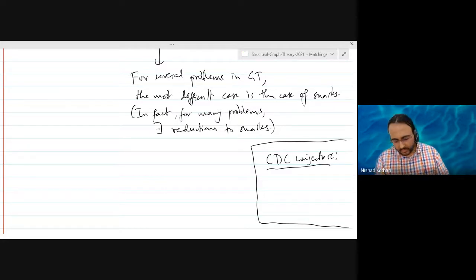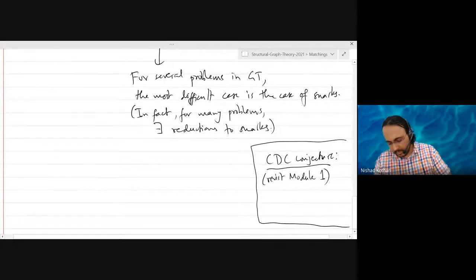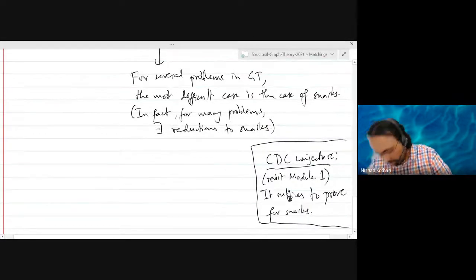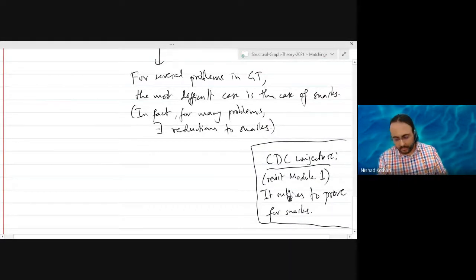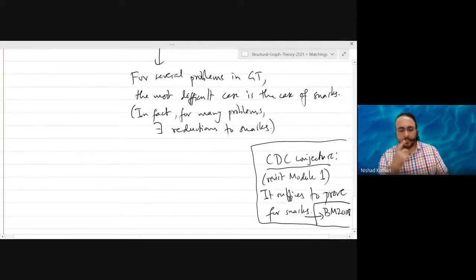This is something we discussed in module 1, so if you don't recall, please revisit module 1. And it turns out that for the cycle double cover conjecture, it suffices to prove it for snarks. Well, I think it is in Bondy and Murty over a span of several exercises.